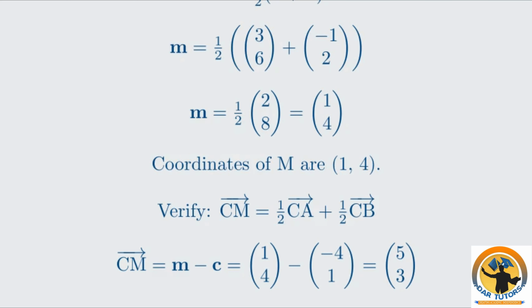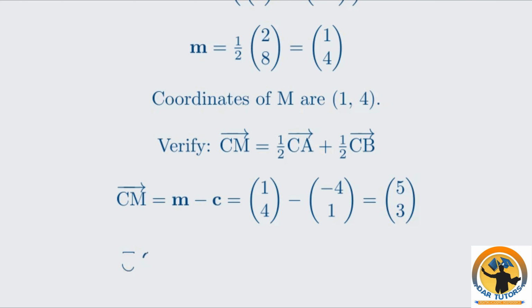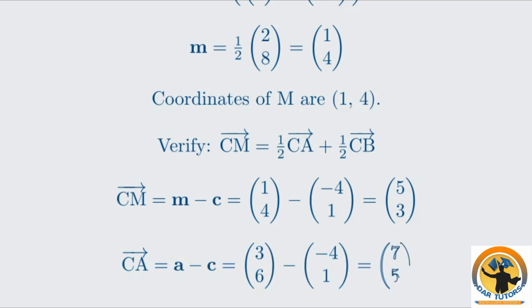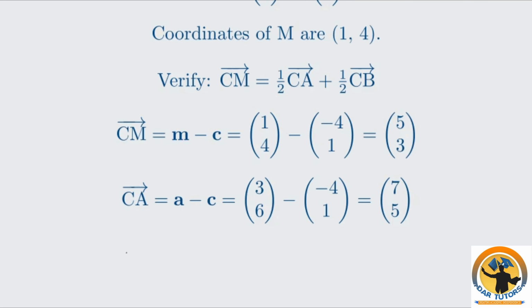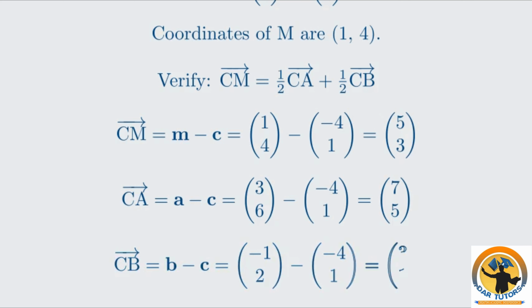Now let's calculate the right-hand side. First, we need CA and CB. CA is A minus C, which is (3, 6) minus (minus 4, 1), giving (7, 5). CB is B minus C, which is (minus 1, 2) minus (minus 4, 1), giving (3, 1).